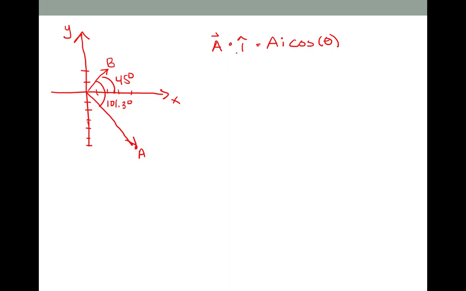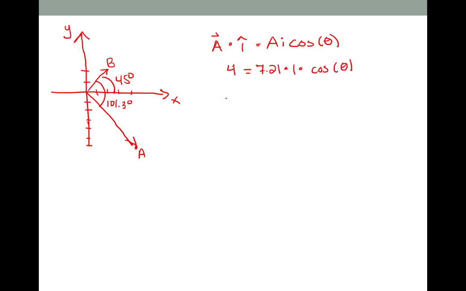Well, A dot i will result in a value of 4, because the x component of A is 4. The magnitude of A we just found was 7.21. The magnitude of i is 1, so I'll put that in. And then we have the cosine of the angle between A and i, or A and the x-axis.